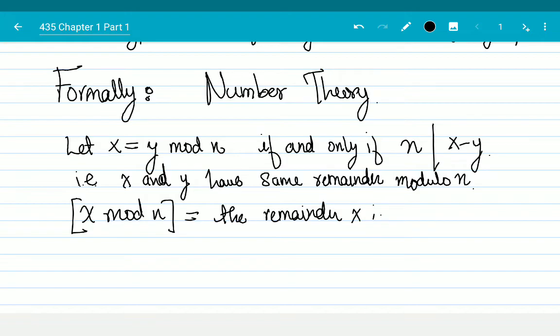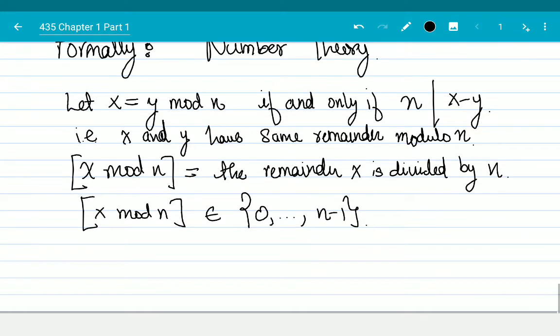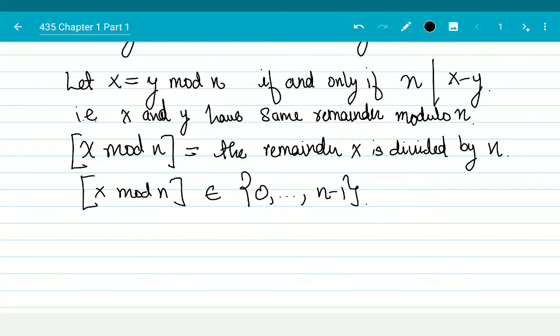So x mod n is in the set 0 to n minus 1. This cannot be bigger than n minus 1. However, that does not mean that x and y can't be bigger than n generally.